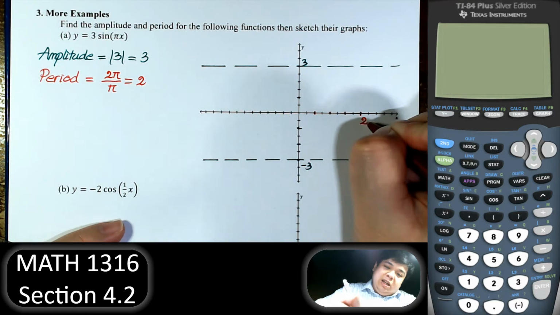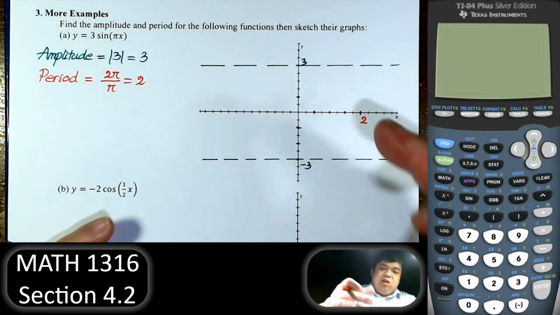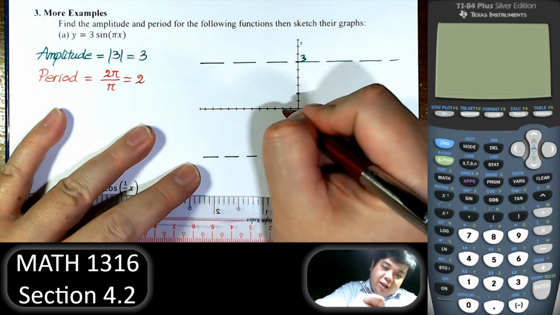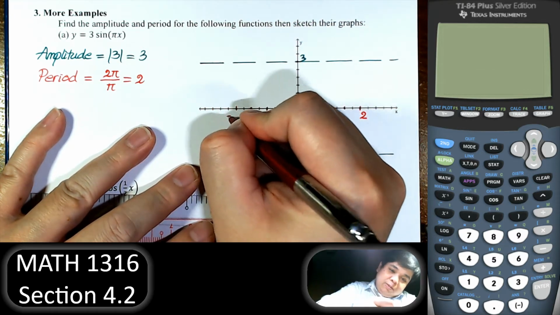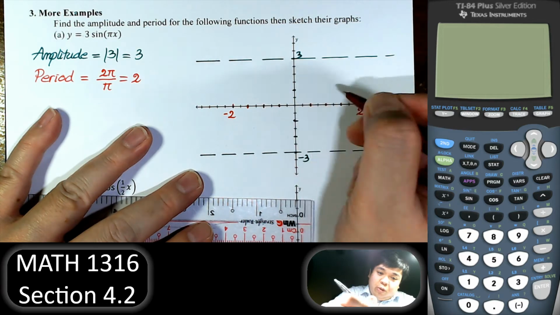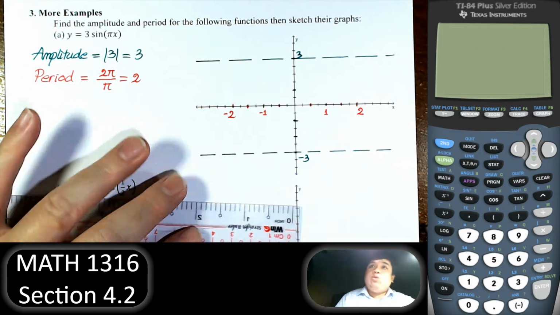So that's why I said you can choose 2 here on the x-axis and then 3 there. Like I said, it doesn't have to be the same scale. 1, 2, 3, 4. Whatever the period is, divide that into 4 equal segments. So that's what we have.